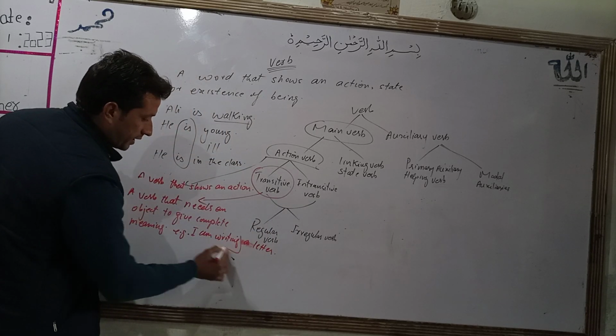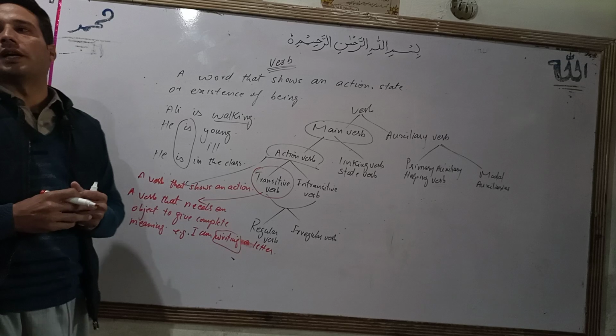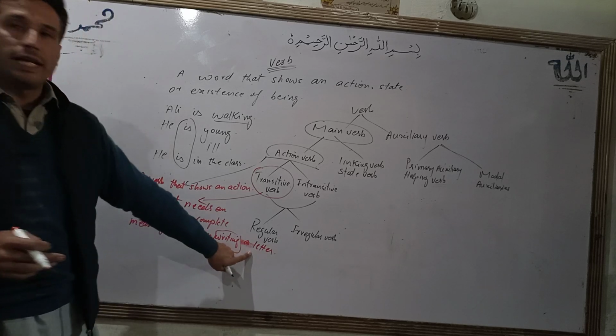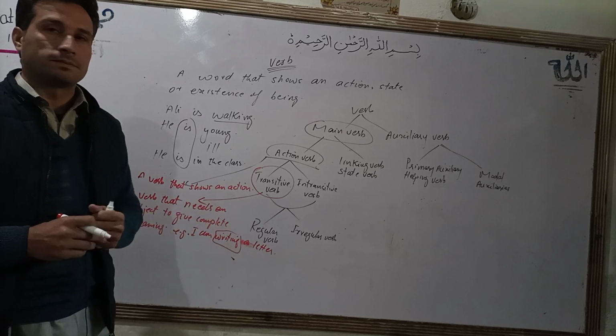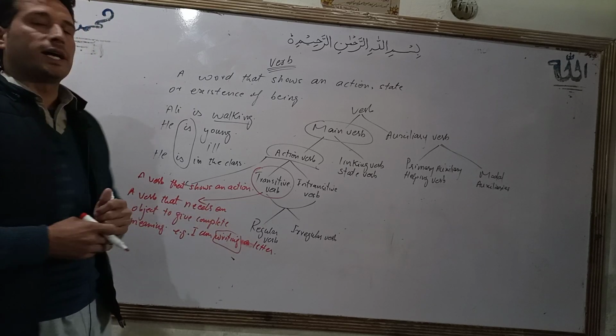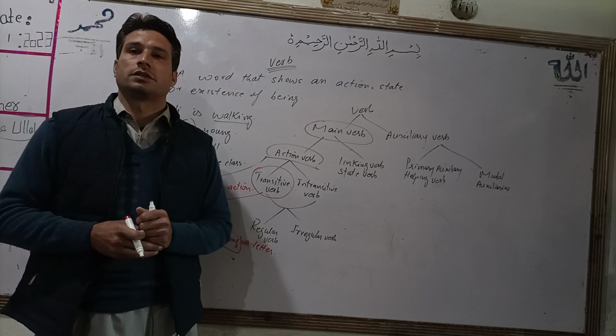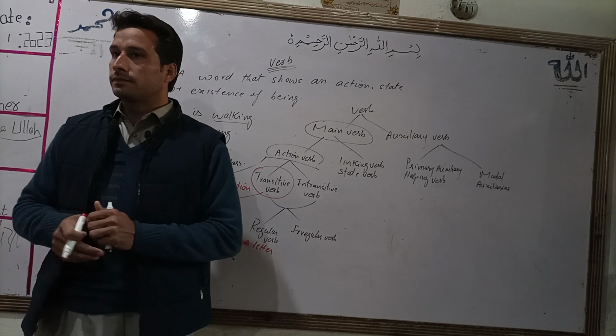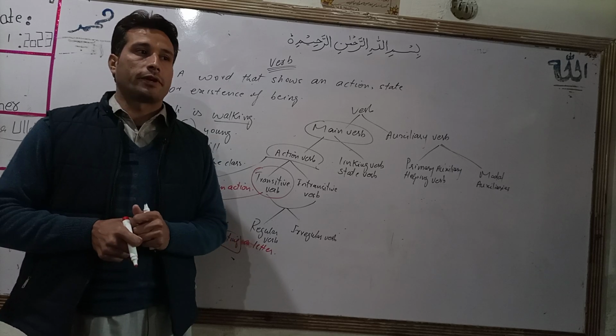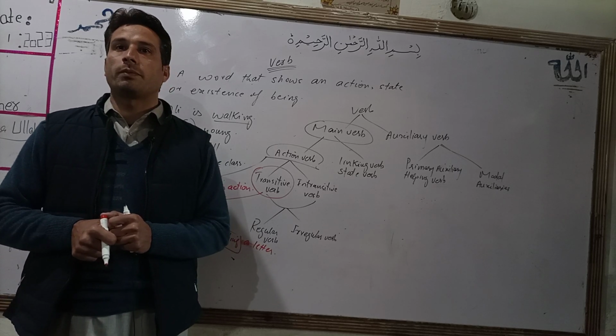So the writing here is a transitive verb. Without the letter as the object, the meaning is incomplete. But if I say I am standing, do I need any object? I am laughing, I'm running, I'm swimming, I'm sleeping.